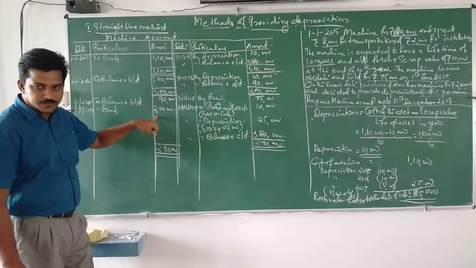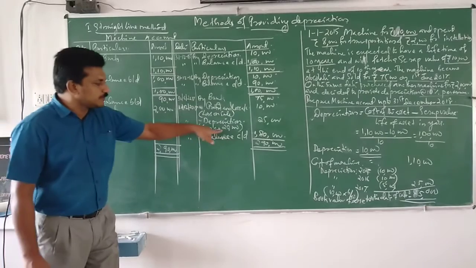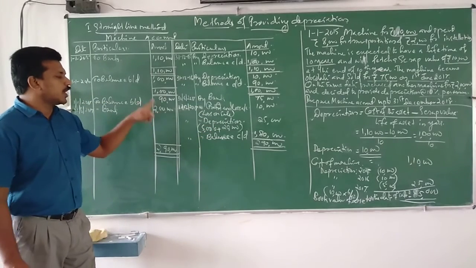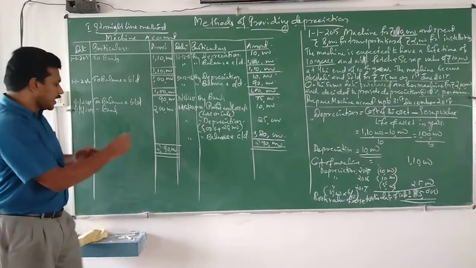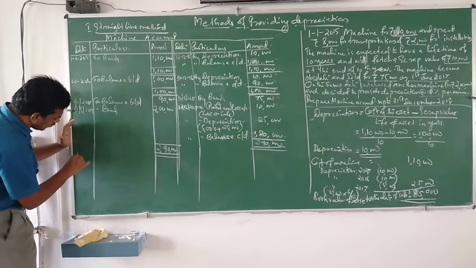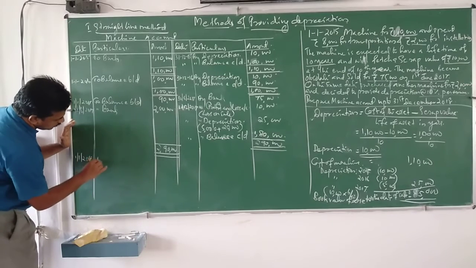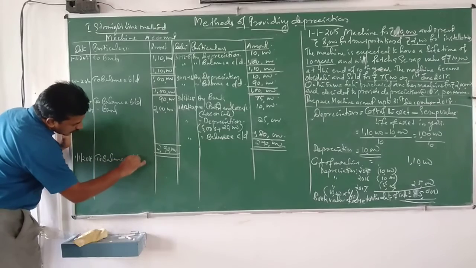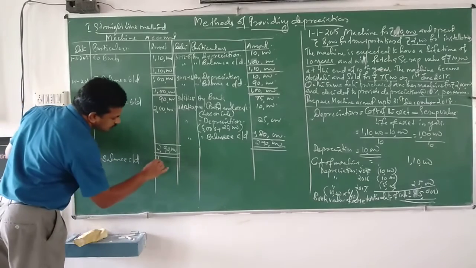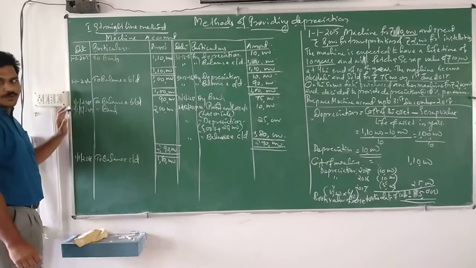Only this is left now. So that can be written here on 1/1/2018, to balance carried down. How much? 1,80,000.